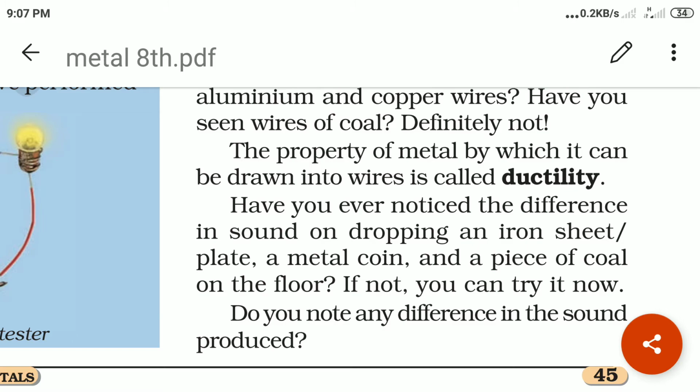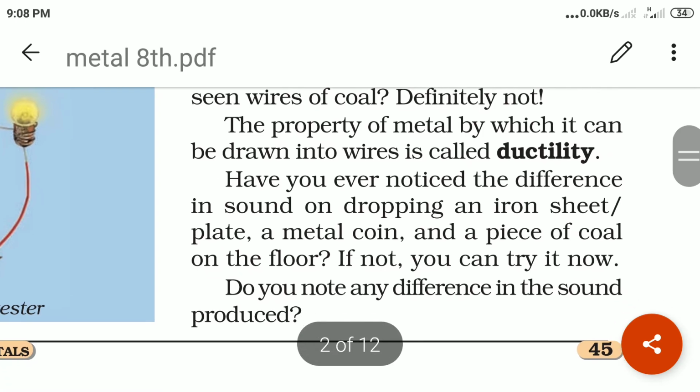Have you ever noticed the difference in sound on dropping an iron sheet plate, a metal coin, and a piece of coal on the floor? If not, you can try it now. Take a coin and throw it on the floor.